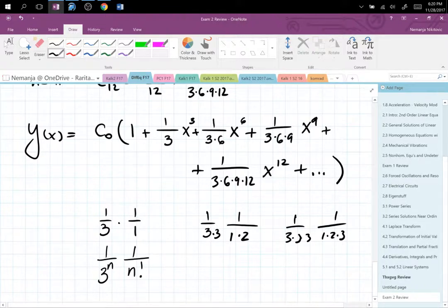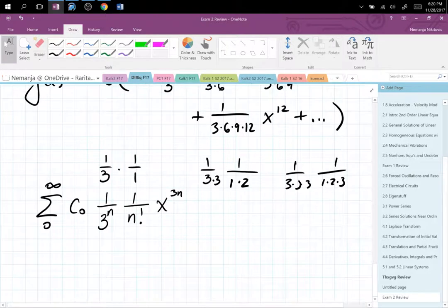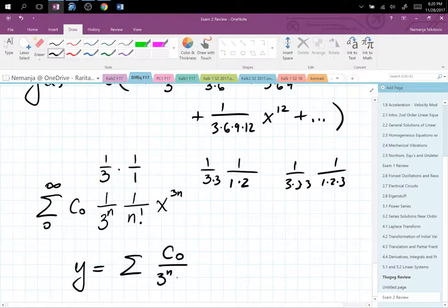And the exponent is 3n, starting at 0. So x to the 3n, and we have c0 in front, and then a summation from 0 to infinity. So it can be compressed into a series, dare I say easily: c0, over 3 to the n, n factorial, x to the 3n.